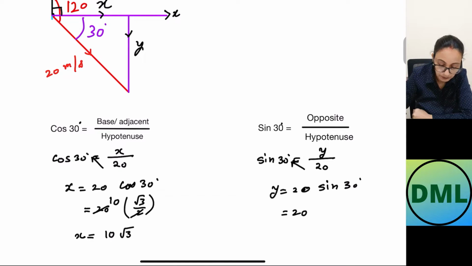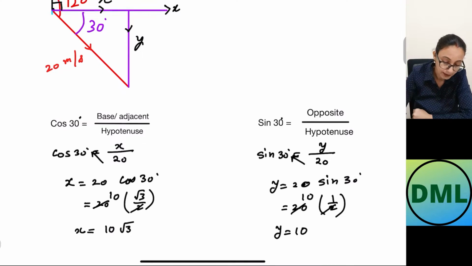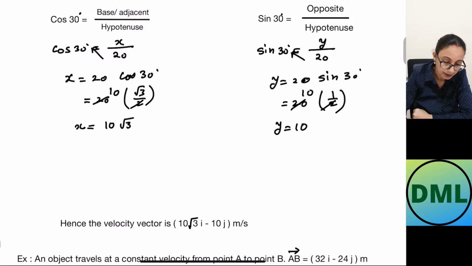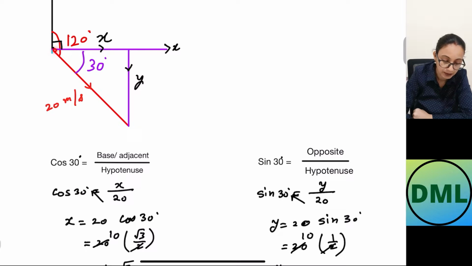Sine 30 degree is equal to half. So 2 will get cancelled with 20. It will be 10. So the y value is 10. So here we again got the same answer as we got earlier. Again my answer will be 10 root 3 i minus 10 j. Why negative? Because in this case also you are going in the positive direction of the x-axis and then you are going in the negative direction of the y-axis.